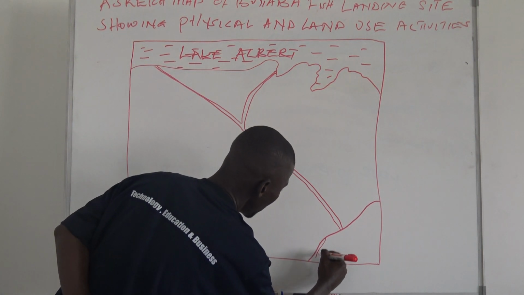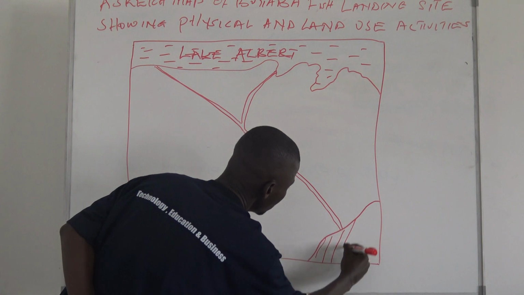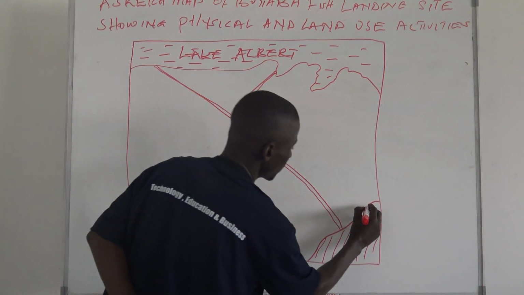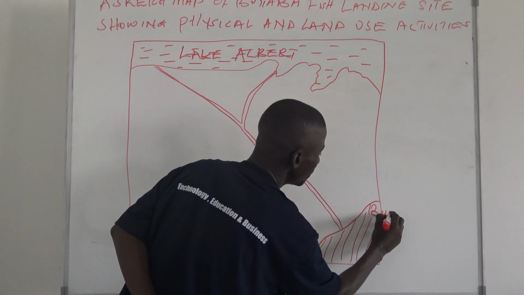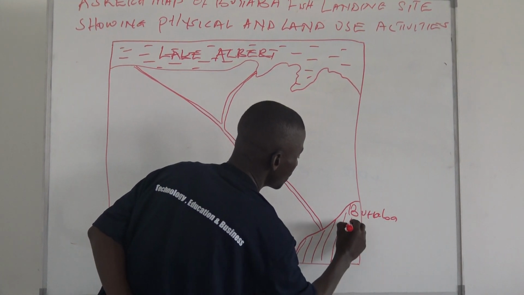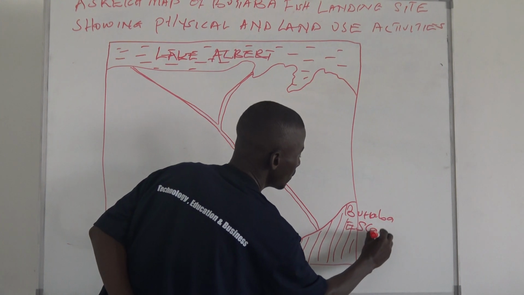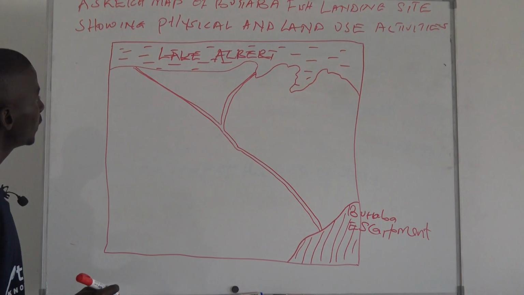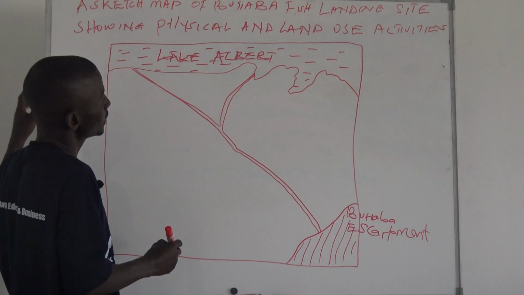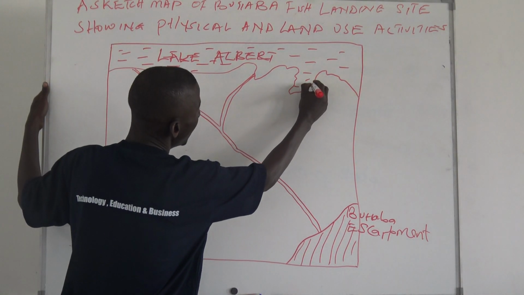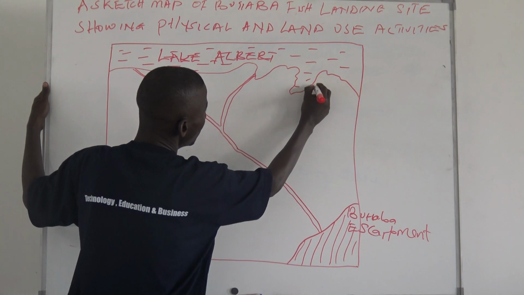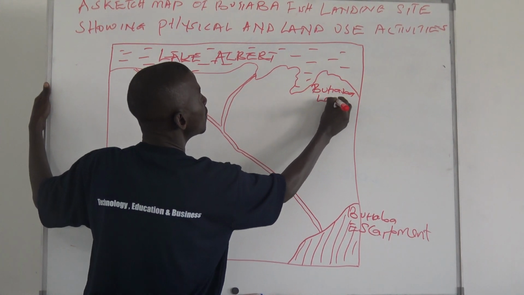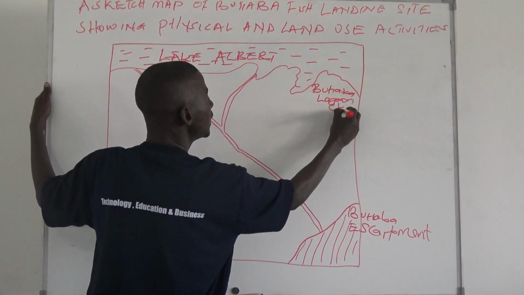Then this one we said that it is the Butiaba escarpment, the extent of the escarpment. We use this local name. That's Butiaba escarpment. This is Lake Albert. This one is called the Kina or Lagoon, Butiaba Lagoon, locally known as the Kina.